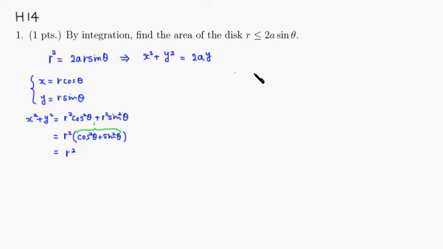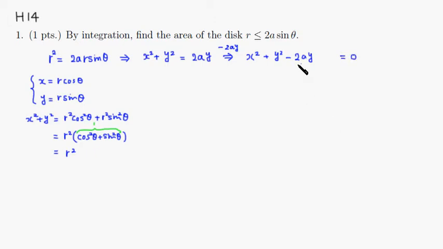Then we can rewrite it so that we can find the center of the circle and also the radius. First, I'm going to move this over to the other side by subtracting 2ay, so you will get x squared plus y squared minus 2ay equal to 0.